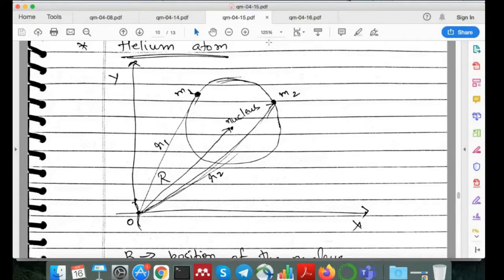So in that case, now you have to write the Hamiltonian. There will be a kinetic energy associated with electron 1, and a kinetic energy associated with electron 2. Then there will be potential energies. Potential energy for a hydrogen atom or any such atom is in terms of Coulombic potential. There will be three potential energies: potential energy for interaction between electron 1 and nucleus, potential energy for interaction between electron 2 and nucleus, and potential energy for interaction between the two electrons.